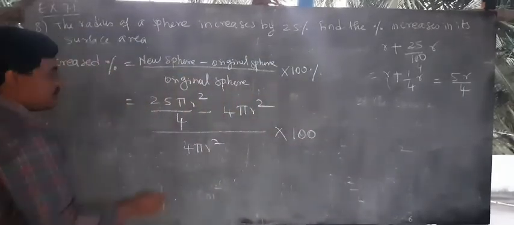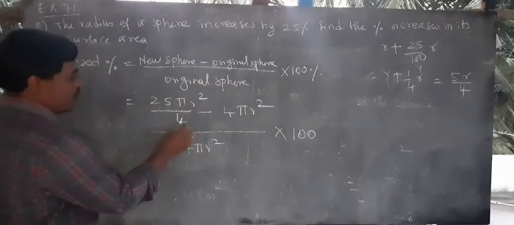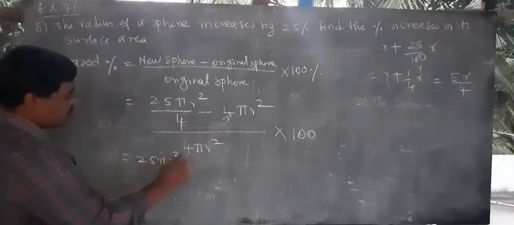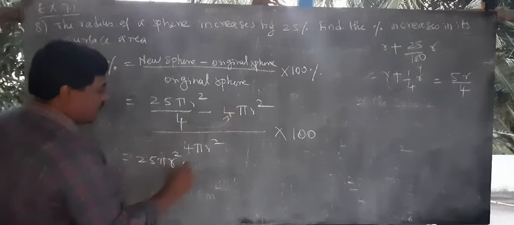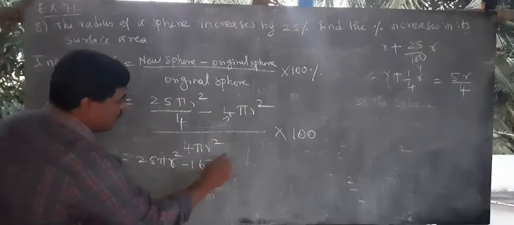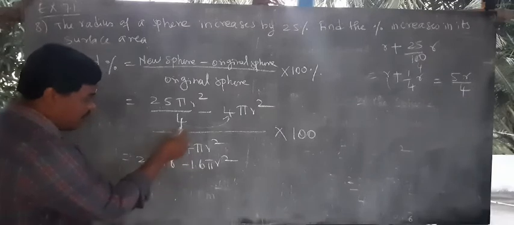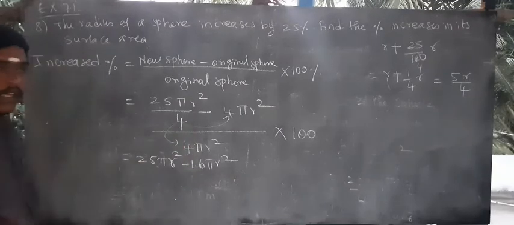Now see here, 25 pi r square by 4 minus 4 pi r square. 4 into 4 is 16 pi r square, and the 4 automatically comes to the denominator: by 4, then 16 pi r square into 100.